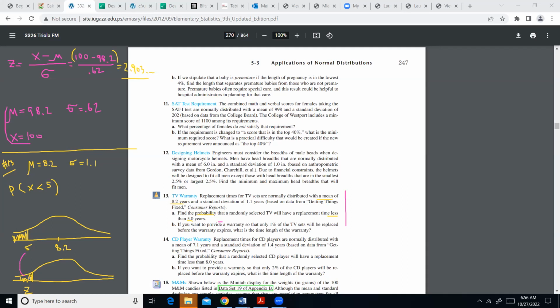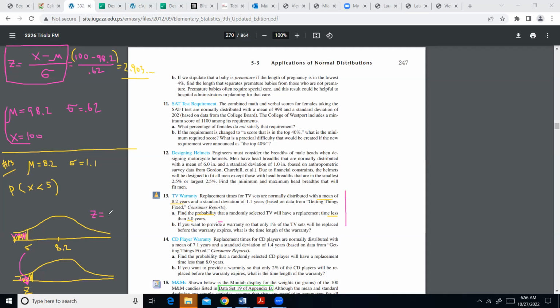So 5 will have a corresponding z, so that the areas from 5 to the left and from z to the left are the same. And the key idea here is that the z-score formula that we just used is what was needed for that.